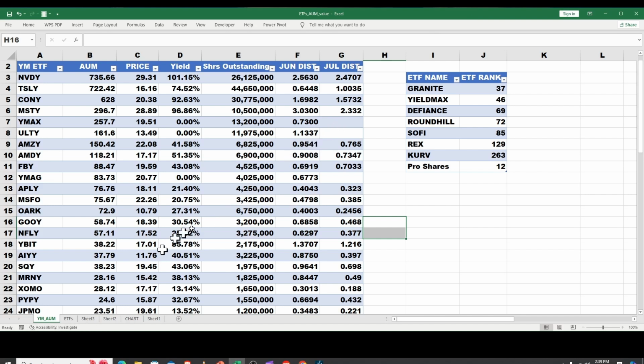Don't worry about that. In building this table, I wanted to be able to look at assets under management. The reason that becomes important is, first off, the viability of the individual funds, and the ultimate viability of the fund itself.